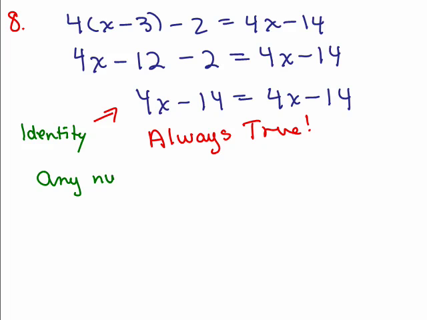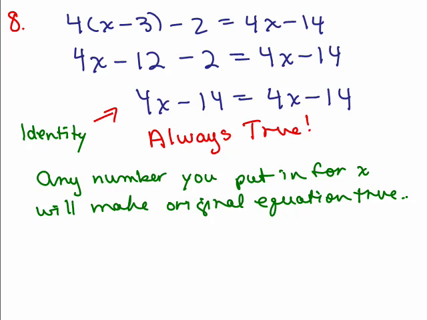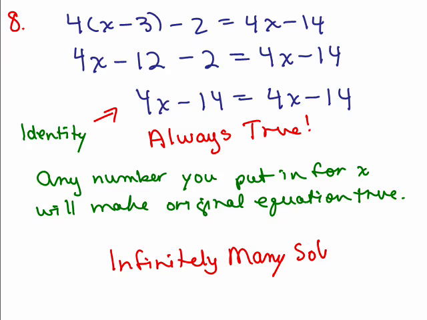So any number you put in for x will make the original equation true. So there's infinitely many solutions. That's the answer. Usually we say that the answer is all real numbers.